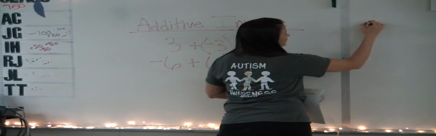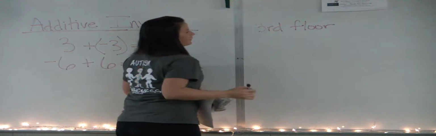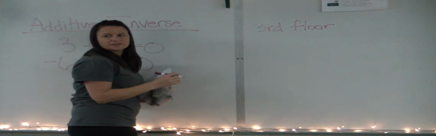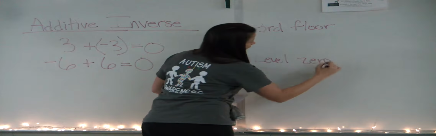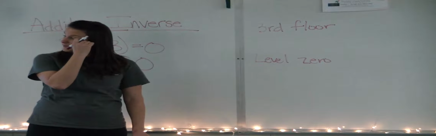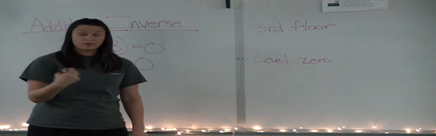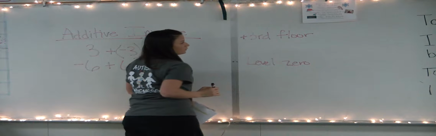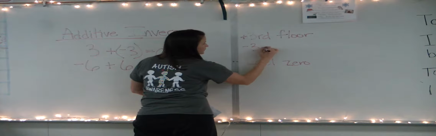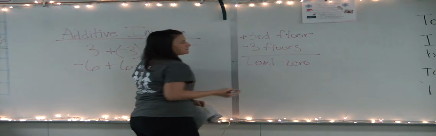If I am on the 3rd floor of a building and I want to get to the ground level, level 0, how many floors am I going down? 3, right? I'm up 3 floors, I'm going to go down 3 floors, and I get to level 0.